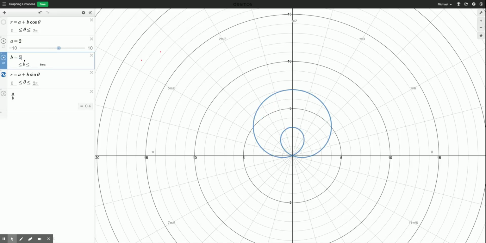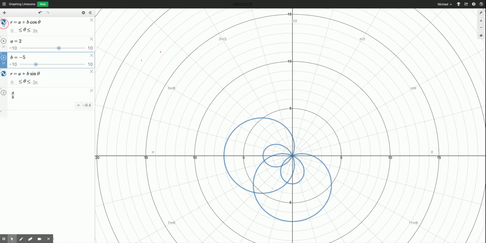That's a bigger loop in the middle because 5 minus 2 is 3. If I made this a minus 5, it points down. Minus 5 for cosine, points left. I will post this exact thing on my MCPS classroom so you can play around with some of these numbers.